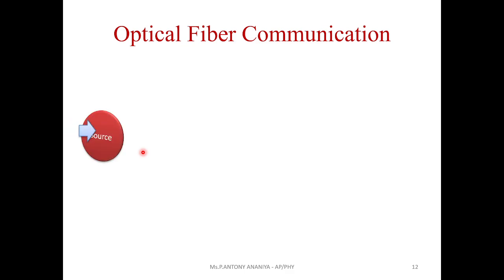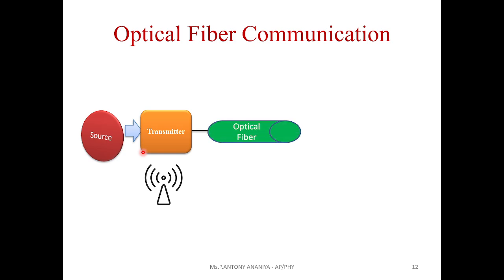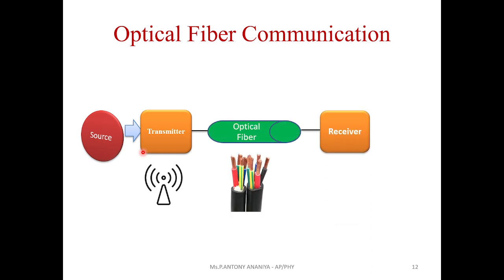In optical fiber communication, the system is based on three parts: source, transmission medium and detectors. The first is the source, the second the transmitter, and the third the optical fiber and receivers. Finally you get to the user, right?